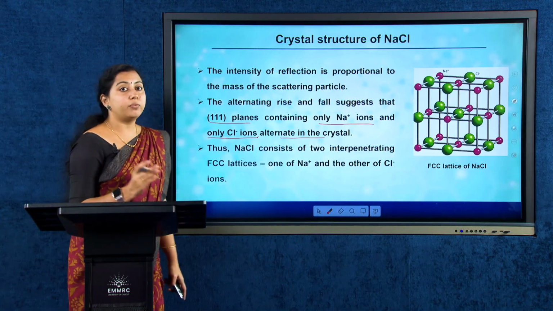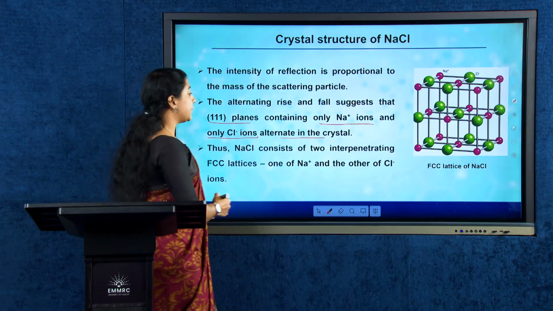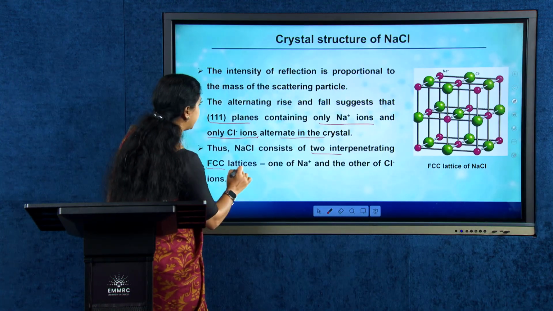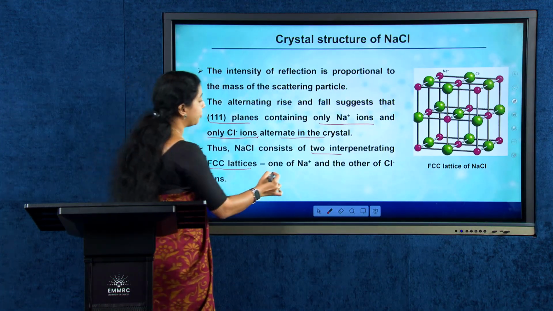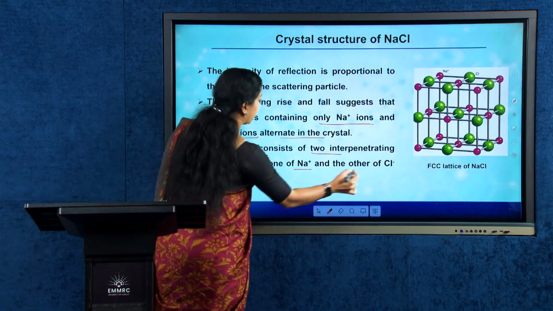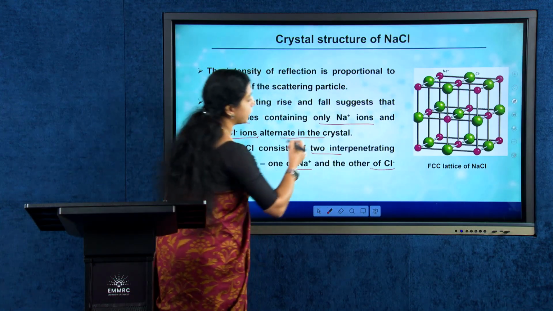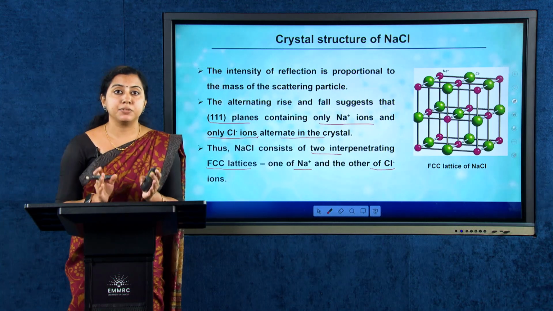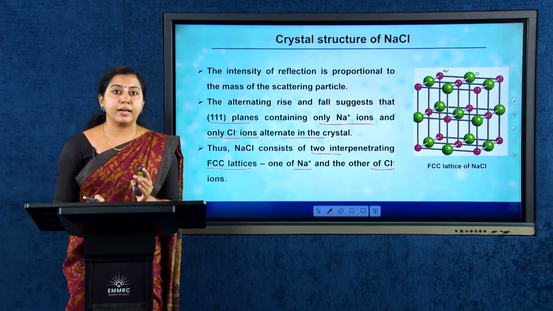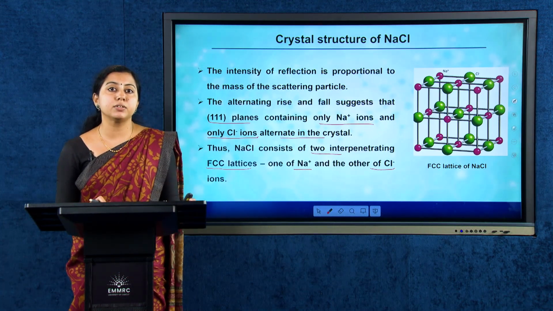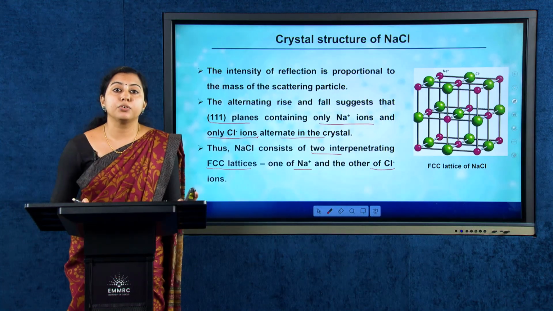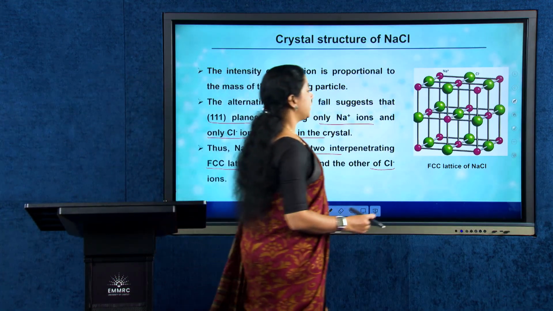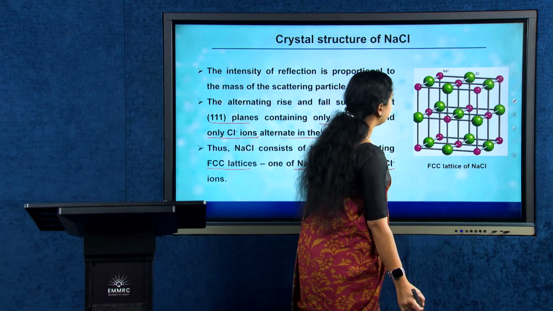So, thus we can conclude that NaCl consists of two interpenetrating FCC lattices, one lattice consisting only of the Na plus ions and the other consisting only of the Cl minus ions, and that FCC lattice is shown in the figure here.